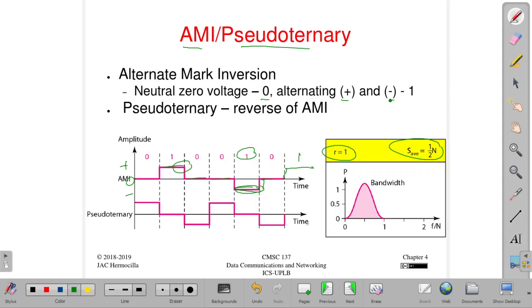Okay. So for pseudo-ternary, it's just the opposite. 1 is represented by 0 voltage, and 0 is represented by alternating positive and negative voltages. Shown here. Okay, so there.